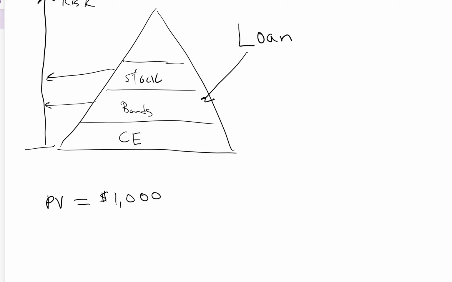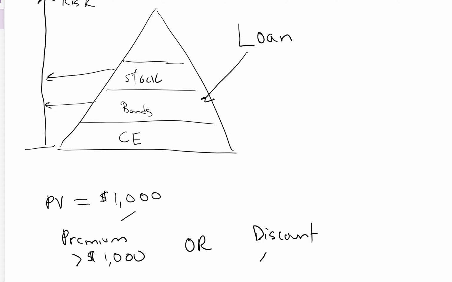Instead, with bonds trading, there are two terms. So bonds either trade at a premium, which is greater than $1,000, or a discount, okay? Which means that they're trading at less than $1,000.